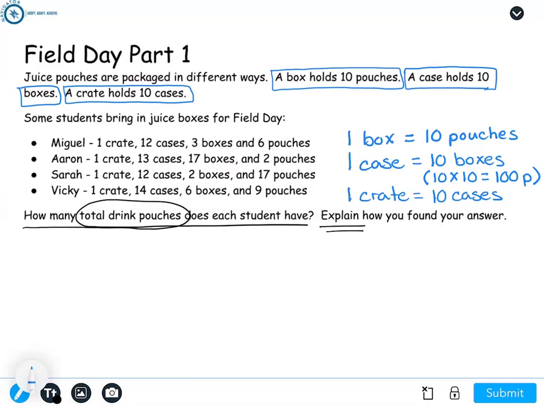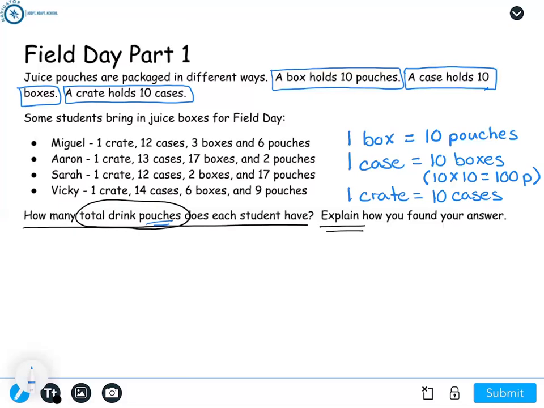Well, we had one case that was equal to 10 boxes. And our big question says we want to know how many pouches each student has. So if one crate is 10 cases and one case is 10 boxes, could I use multiplication again to find out how many pouches are in a crate? Say it to your screen.